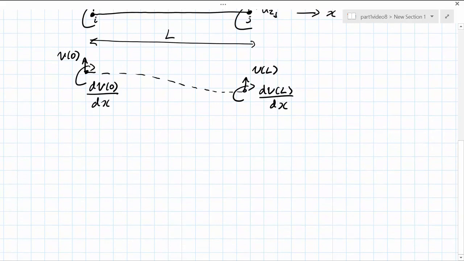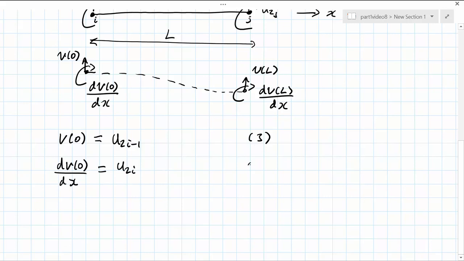From looking at this diagram, the following boundary conditions must be satisfied. V(0) must equal u_2i−1. The rotation dv(0) by dx must equal u_2i.